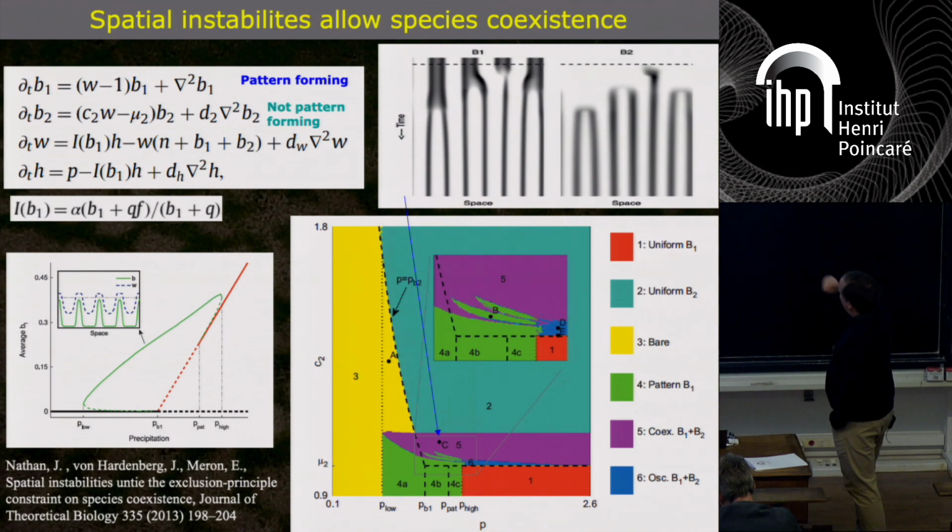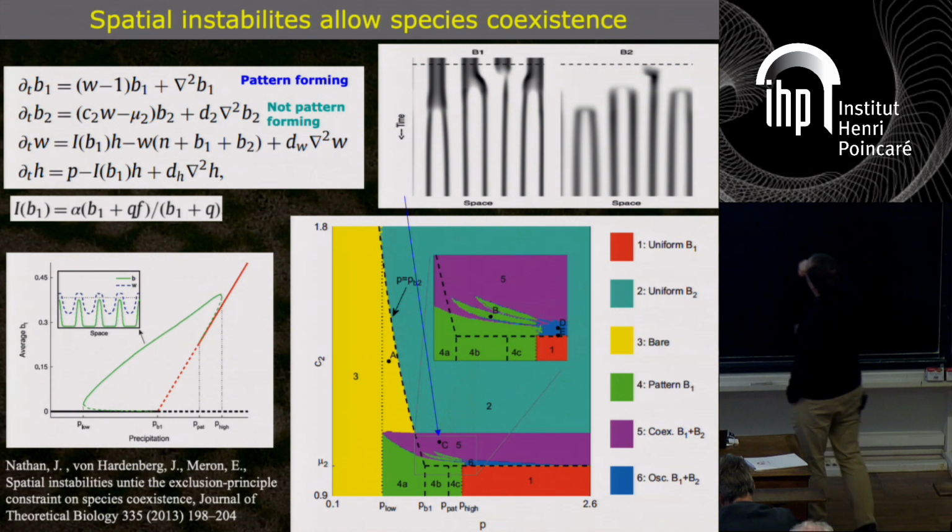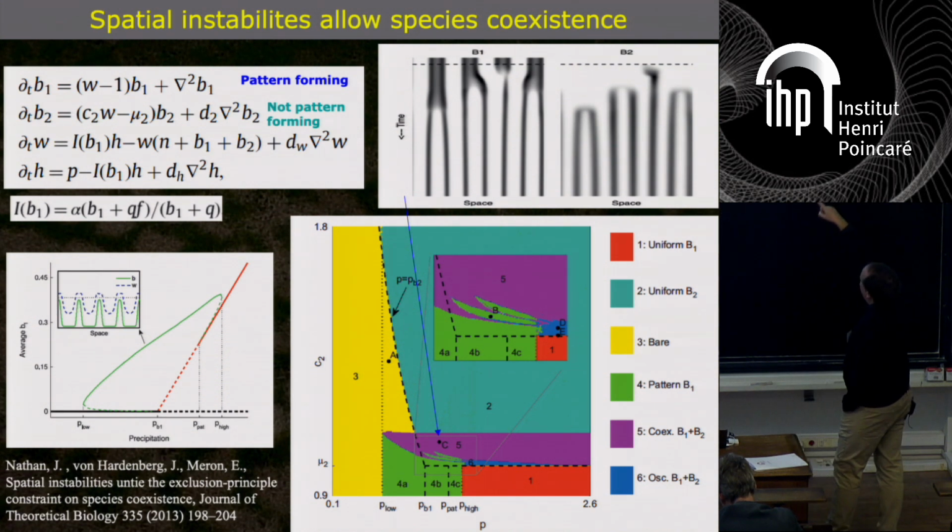And so you get a quite complex picture, which gets even more complex because there are different wavelength solutions possible for B1 which can occur. That explains this detail which is zoomed there. So you see that little complex area down there, it's actually zoomed up there. And so you have a wide range where you can have coexistence of both of them.